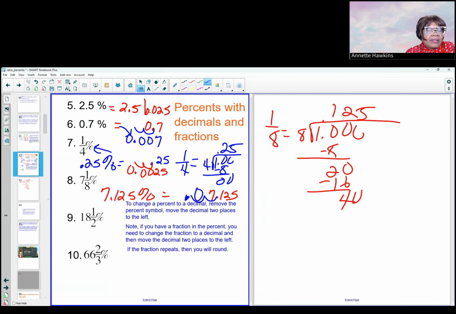Because the 1/8 is 0.125, so 7.125, move it 2 places, 1, 2, 0.07125. Questions about that?